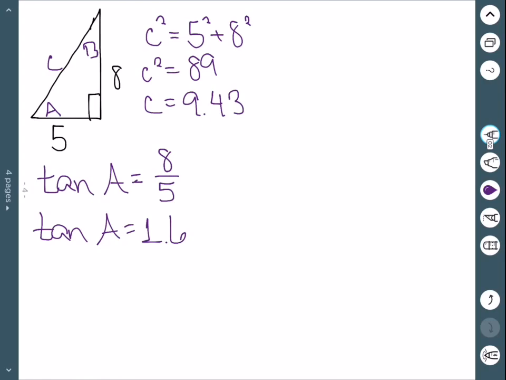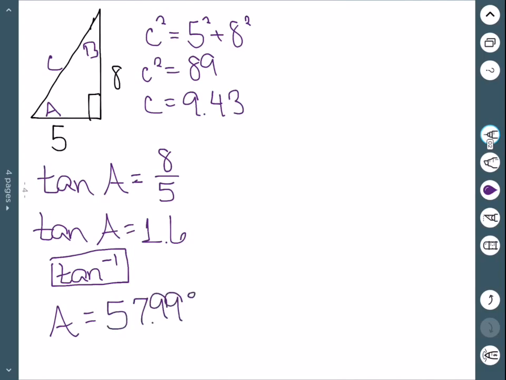And previously, in a different video, I had pointed out this button on the calculator that says tan^-1 and said that that would come in handy later. If we know what the tangent of an angle is, pressing this button gives us the value of the actual angle. So we can do tan inverse of 1.6. And when we do, that's approximately 57.99 degrees.